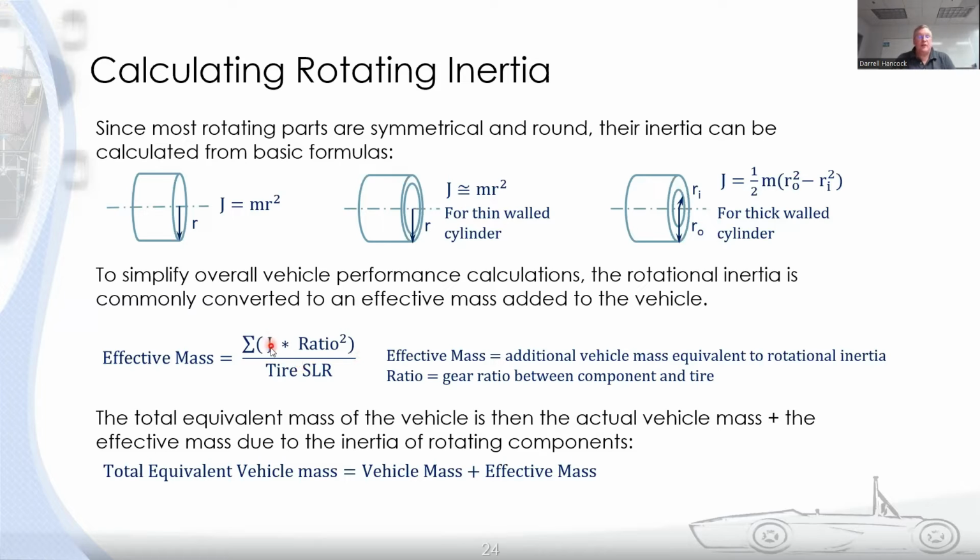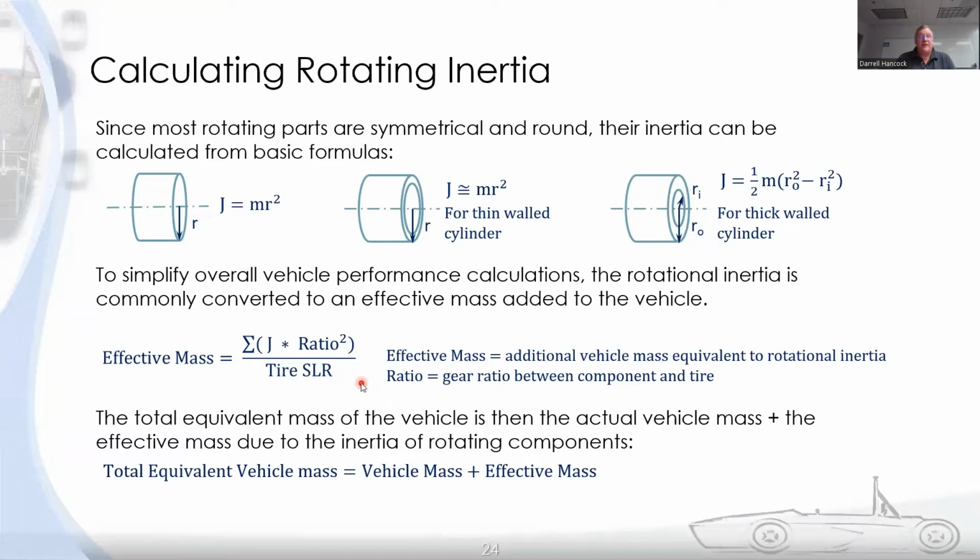So you take the inertias you calculated times the ratio to each one of those parts. The ratio to your drive sprocket is going to be different from your driven sprocket. So this is really a summation of several inertias times their ratios, and then divide by the tire radius again, and that gives you the effective mass of your car.